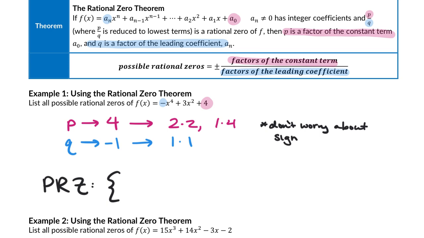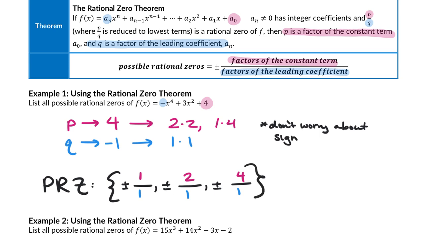Okay, so what we are going to do is make these ratios. The first one I'm going to do is positive and negative p's over q's. I like to go from smallest to largest. So the smallest number on my p list is 1 over 1. My next smallest number is 2, going to be over 1. My next smallest number on my p list is 4, and it's all going to be over 1.